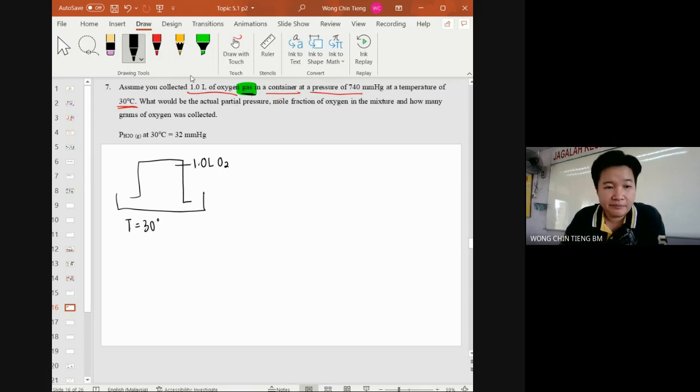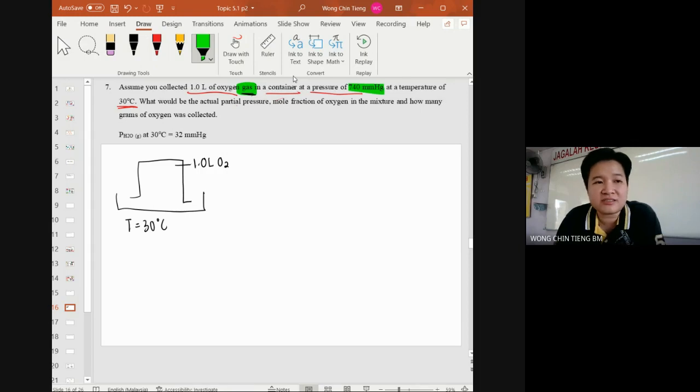My question adalah the 740 millimeter mercury is atmospheric pressure or oxygen gas pressure? Anyone? Yang tu soalan dia lah Fatin, saya rasa betul. Alright, soalan dia adalah pressure yang dia bagi tu adalah atmospheric atau oxygen gas?